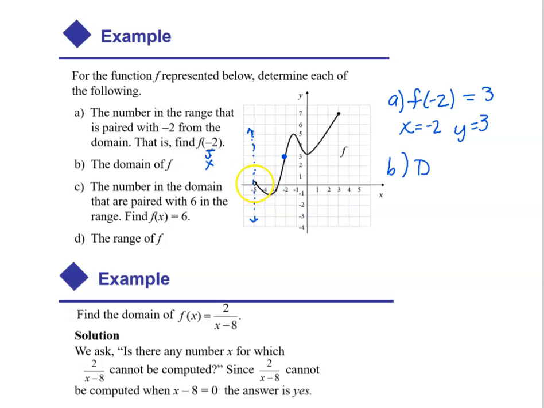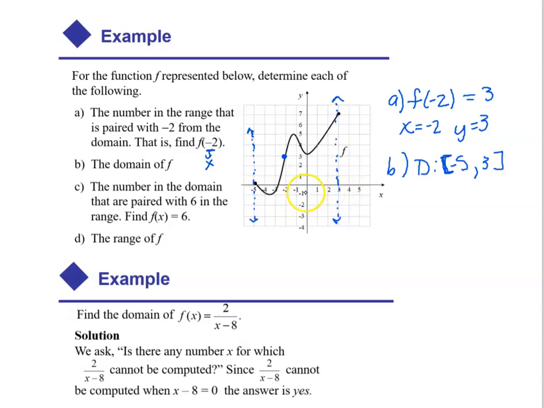In fact, x could be equal to -5 because the dot is colored in. So we would say our domain is from -5, and we've talked about this bracket already, which means it could be equal, all the way to right here. And what is x right here? 3. It can be equal to 3 because this dot is filled in.